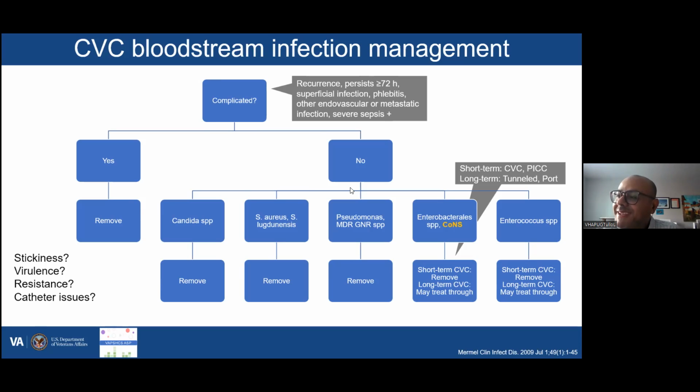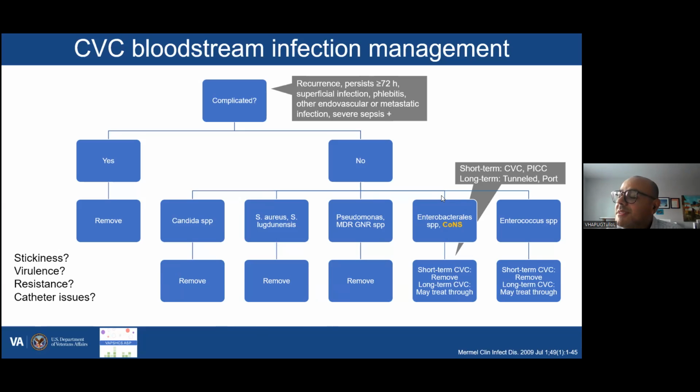If it's not complicated, then you look at the organism you're dealing with and how virulent and sticky it is. If you're dealing with a Candida, a Staph aureus, or a Staph lugdunensis, a Pseudomonas, a resistant gram-negative rod, you typically remove it.